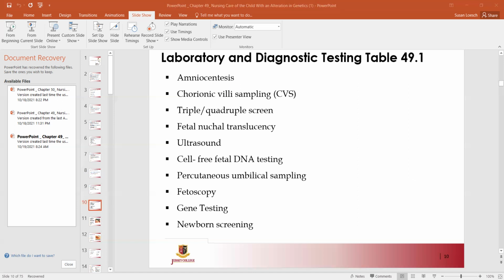Most tests require the cells to be cultivated in the lab. Okay, so results are usually not available for about 7 to 10 days, but it varies by laboratory. All right, some tests that are used to detect things like Tay-Sachs disease, Hunter syndrome, and neural tube defects can be performed right away.